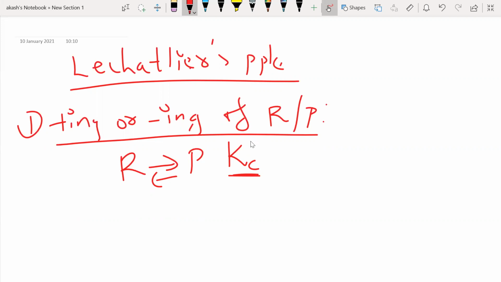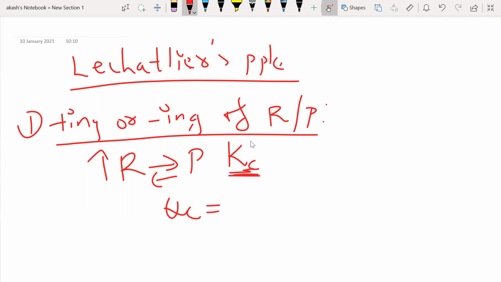Right. So now this is in equilibrium. Now you're going to disturb the equilibrium by increasing the concentration of reactants. So now the reaction is not at equilibrium, but the equilibrium constant value is going to be the same, no doubt about it. But since this is not at equilibrium, I cannot use Kc, I have to use Qc.